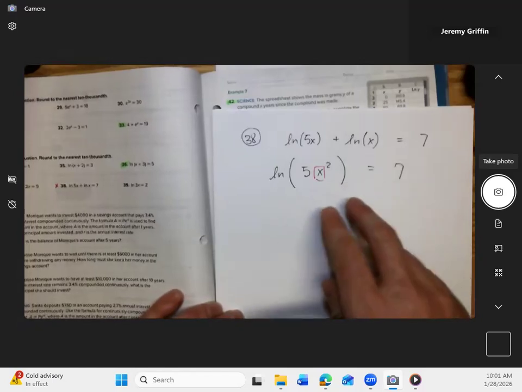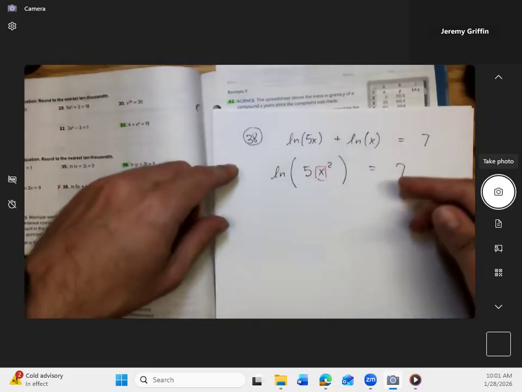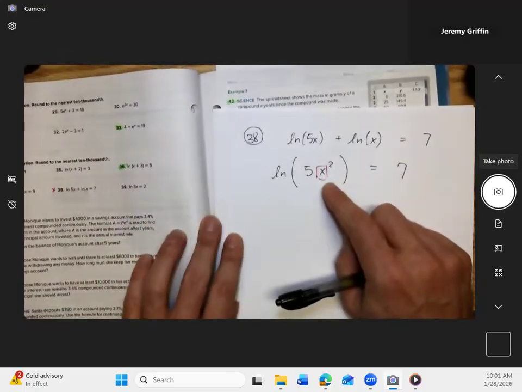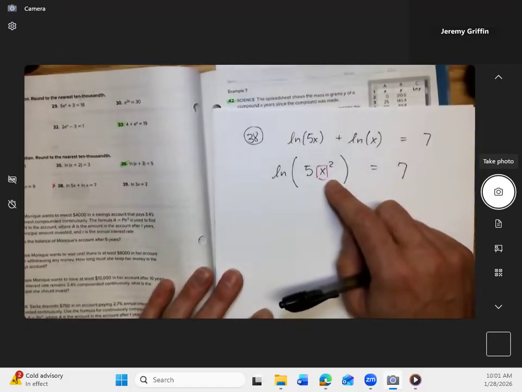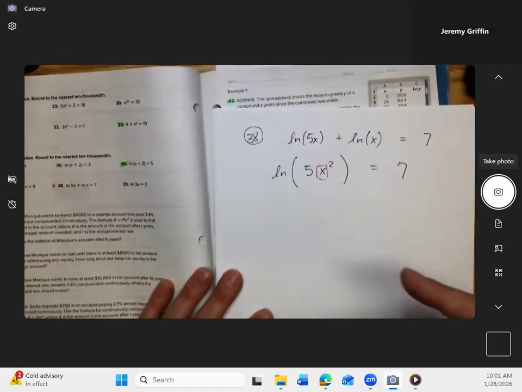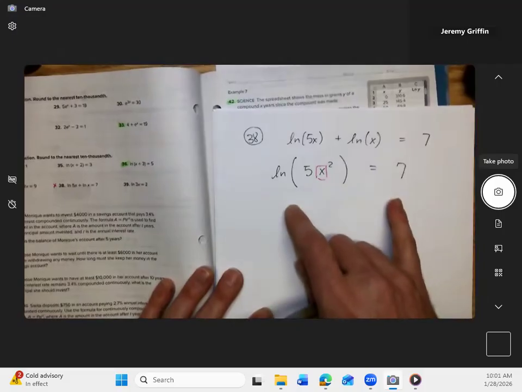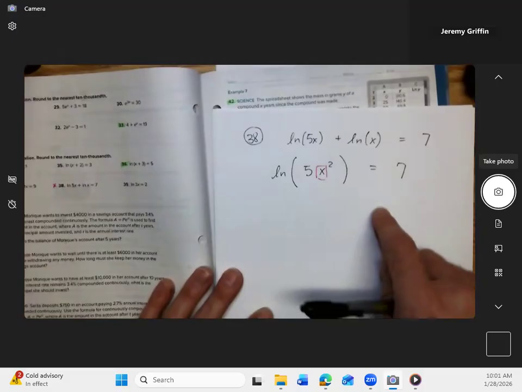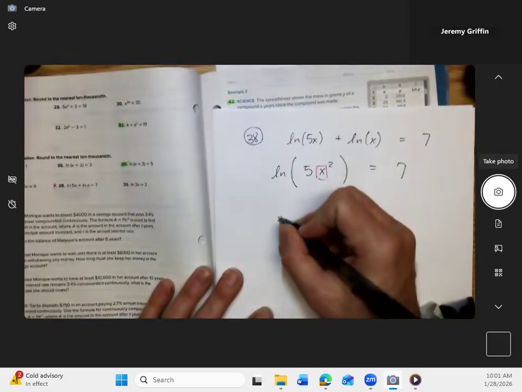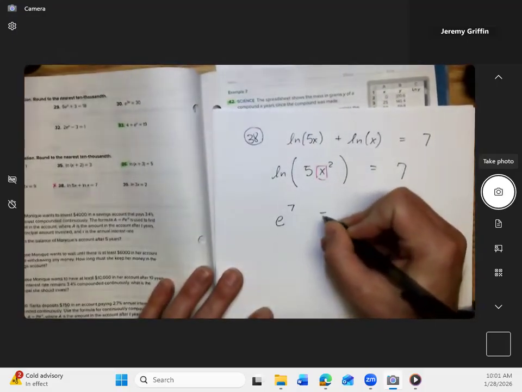You could write this a bunch of different ways, but to help you unbury something from inside a logarithm, what's the opposite process of a logarithm? Exponents. We gotta make an exponential. So how can I write this in exponential form? E to the 7 equals 5x squared.